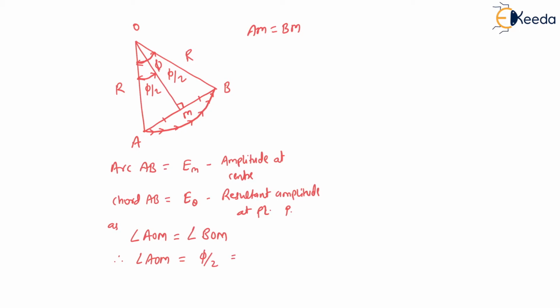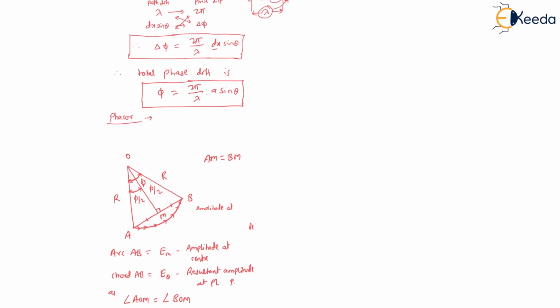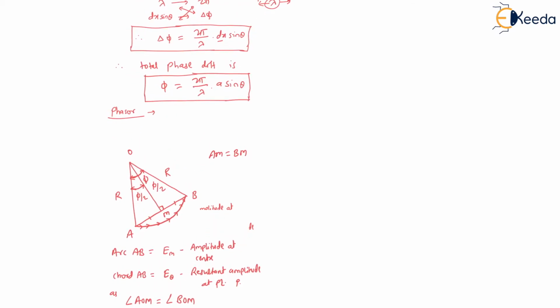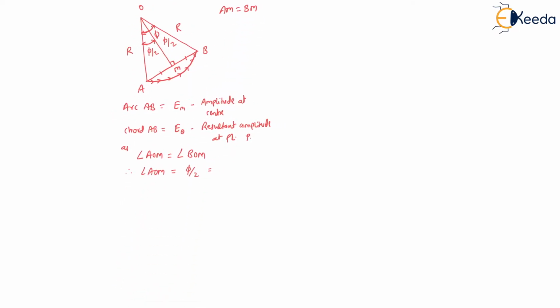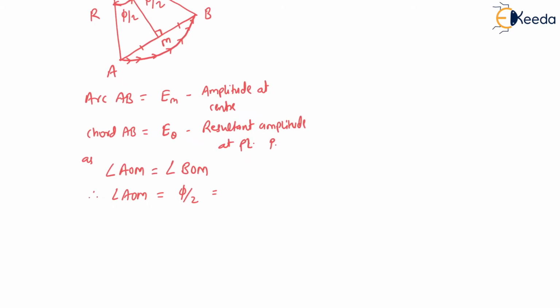But as we know, we have found out the value of phi here, phi equal to 2 pi upon lambda into a into sine theta. So we will simply substitute this phi in this equation over here. So this will be what? The 1 upon 2 will be here apart, and instead of phi, we will write 2 pi by lambda into a sine theta.